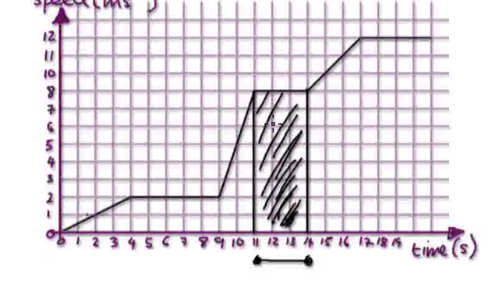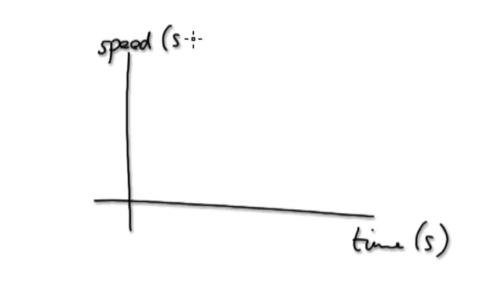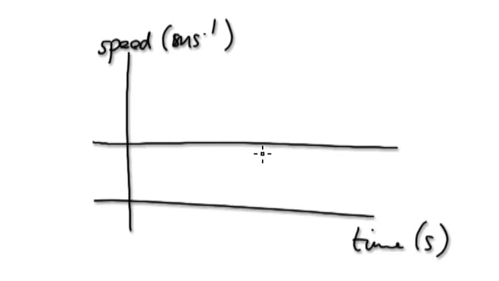If you want to know the distance traveled between 11 and 14, then you will work out this area here. And by the way, every time you work out the area of something, let's say you've got a speed time graph here. Time is measured in seconds. Speed is measured in meters per second. Let's say your dad's traveling at a constant speed.